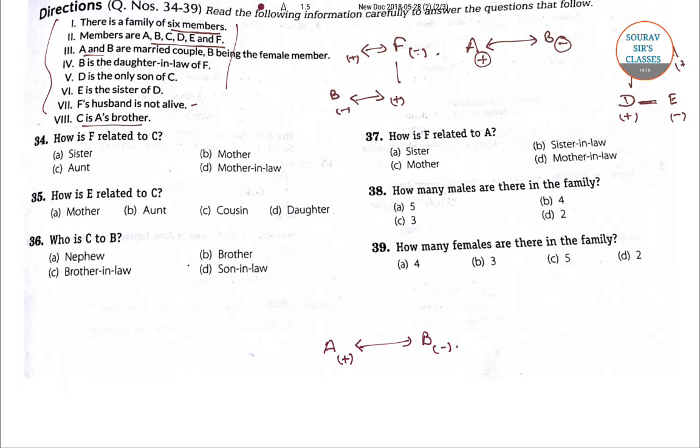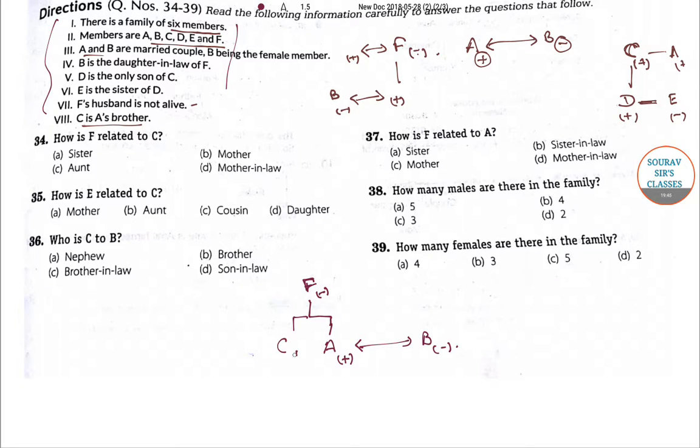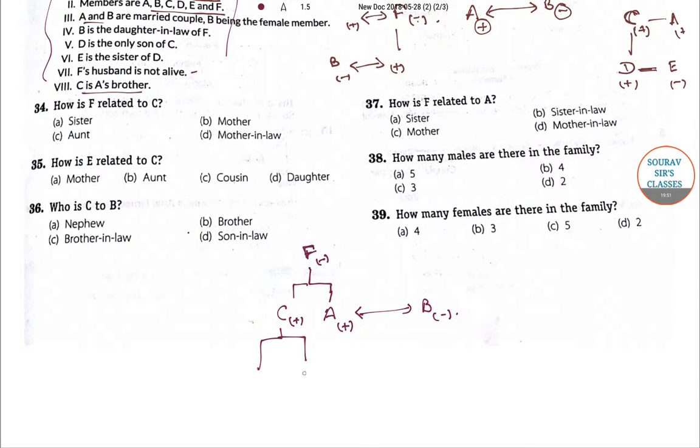Now B is daughter-in-law of F. That means F is female, so that means F is mother of A. F is mother of A, and C, as A and C are brothers, and C has 2 children, daughter E and son D. So this is how the family is. So this is the family of 6 members.